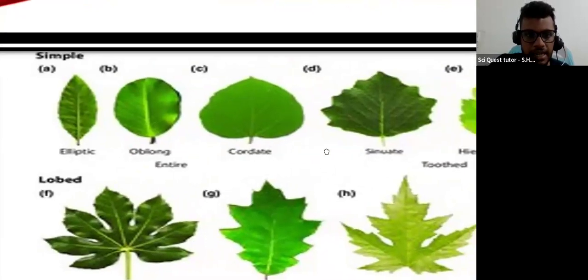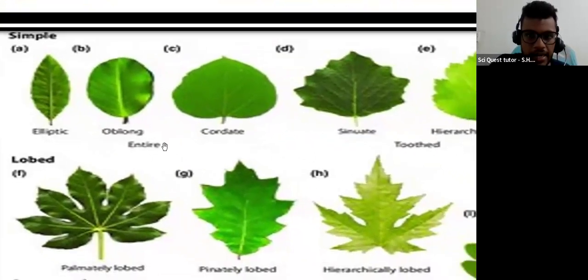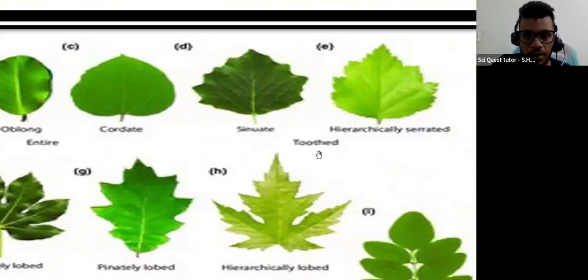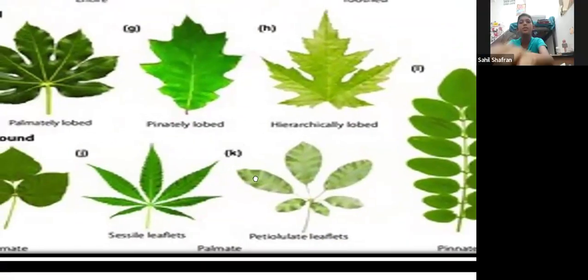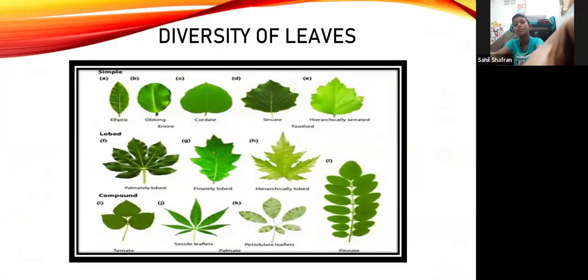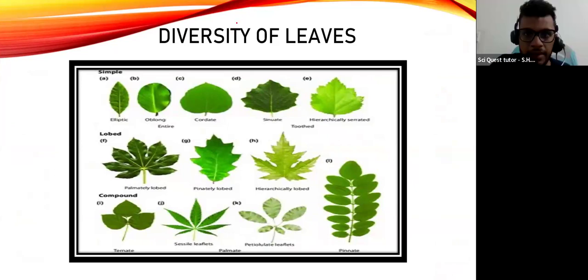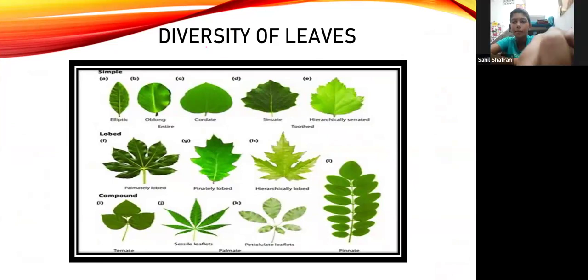Simple leaves are categorized. There are different shapes of it. Simple leaves and compound leaves, the two types of leaves.